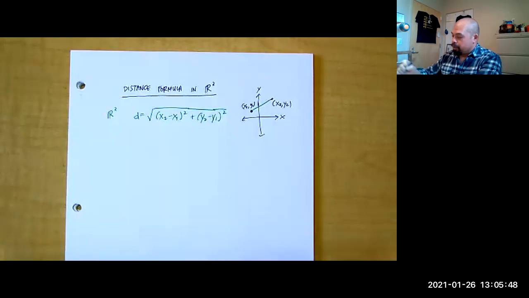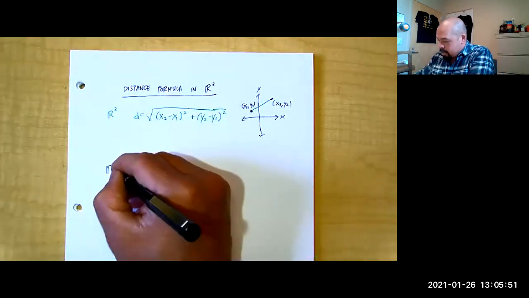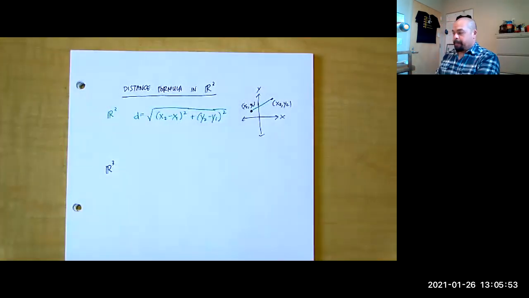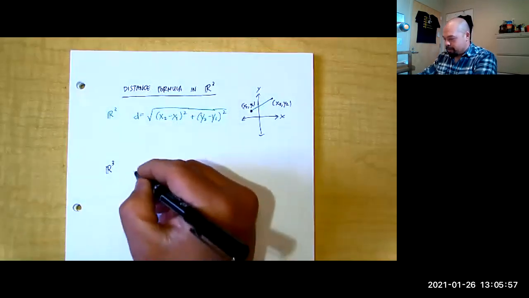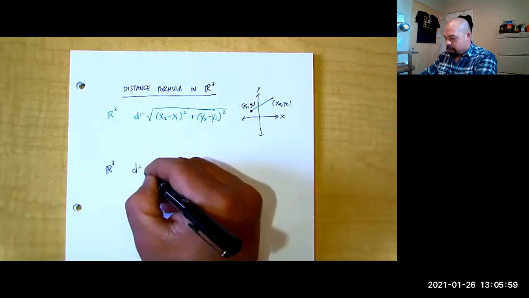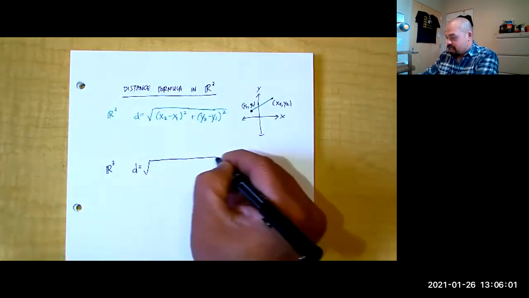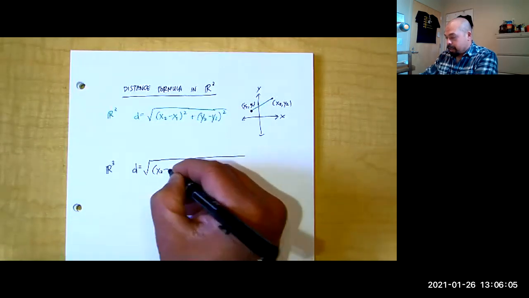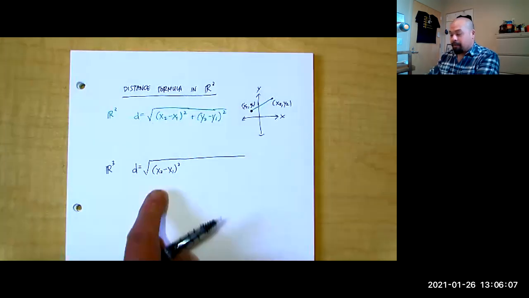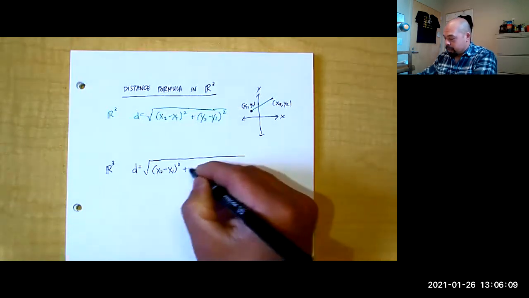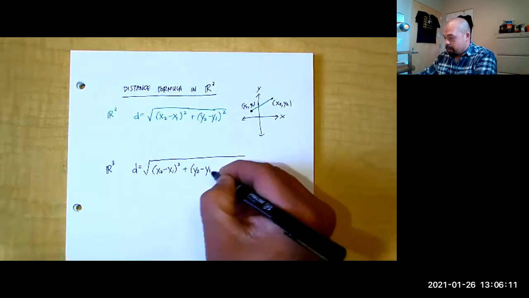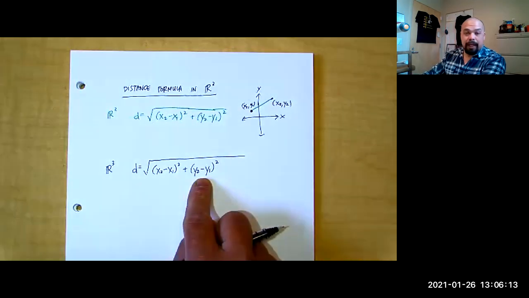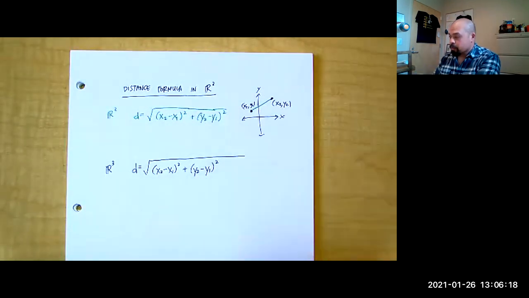So now with R3, imagining that work, and again, the textbook has a better image for review. We're just going to extend that calculation, right? X2 minus x1 squared, how far we're going in the x direction, plus y2 minus y1 squared, how far we're going in the y direction, how that y value is changing, right?